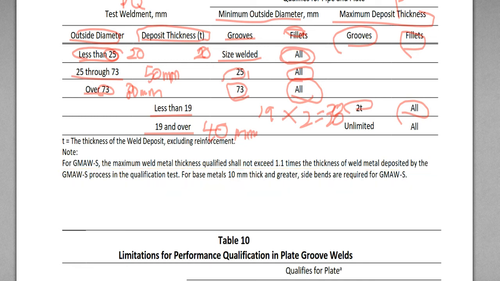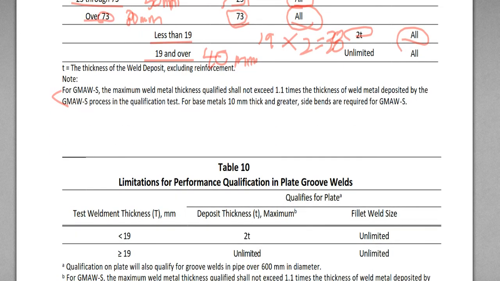What it means is, this is very important because this is in the actual CWI Part B examination. If you use GMAW-S, meaning short circuiting transfer mode, the maximum weld metal thickness qualified shall not exceed 1.1 times the thickness of the weld metal deposit. So this is the PQ test.